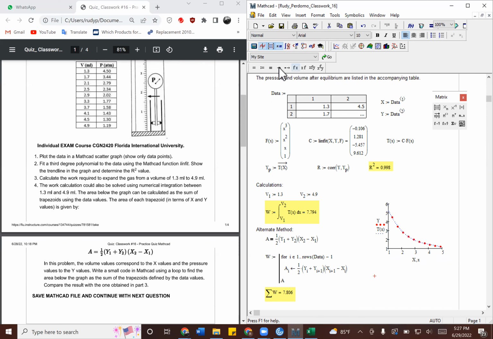So for MathCAD to determine the R-squared value, we use this core function, CORR, to determine the R. What you need is the actual Y values and then the predicted Y values, which come from your trend line.